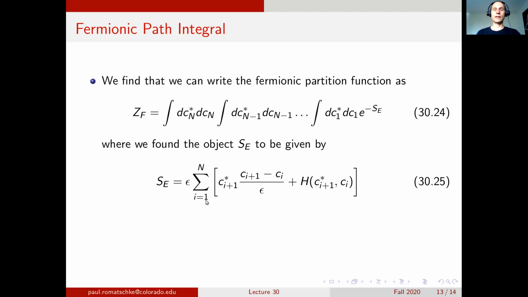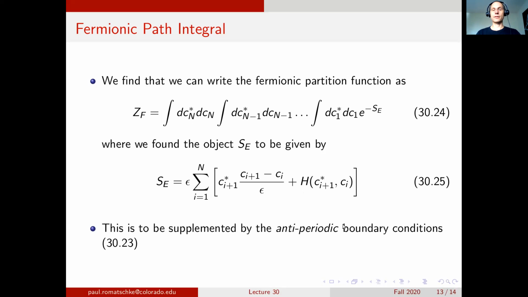It's the sum i from 1 to n of this combination, where h is the Hamiltonian function that includes the eigenvalues of the raising and lowering operators A dagger and A in its arguments. This result is typically supplemented by the fact that we have to have antiperiodic boundary conditions, meaning that if we look at the object Cn+1, then we have to include a minus sign that we discussed in the previous slide.